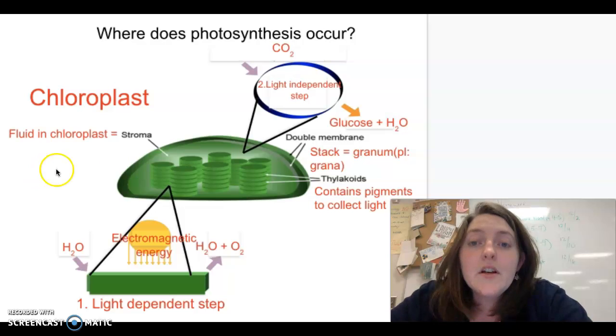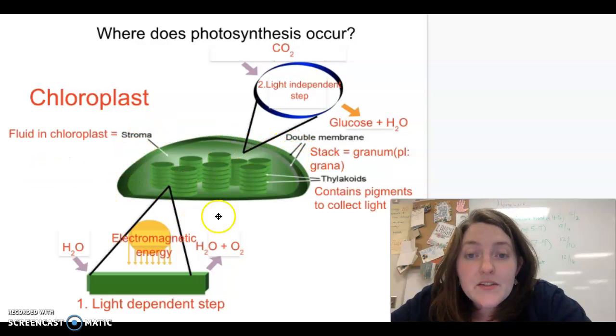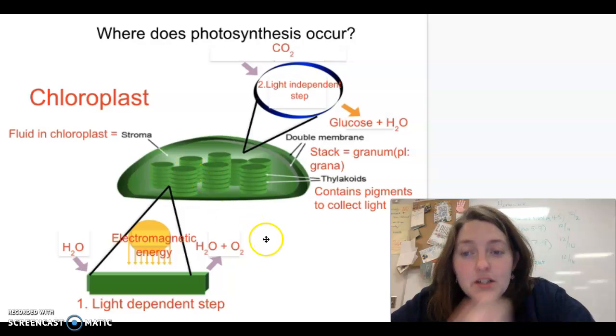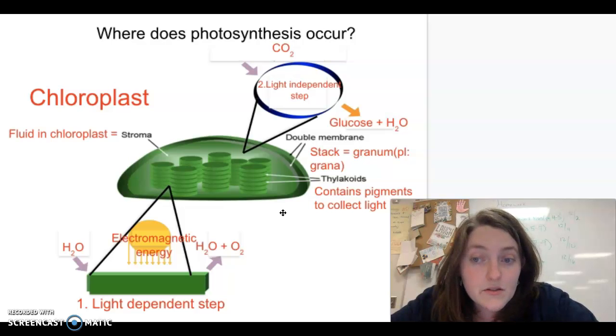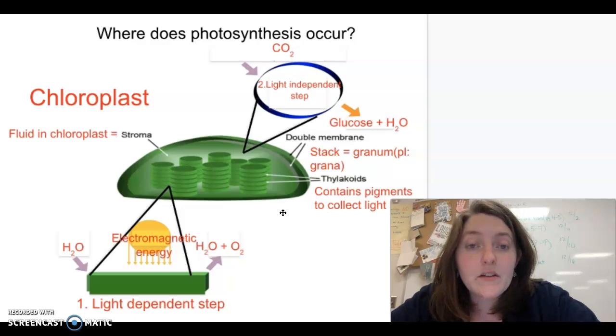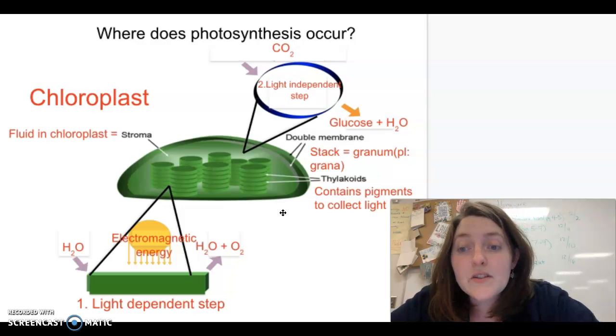We have a double membrane on the outside, stroma or sticky liquid on the inside, and the thylakoids, which are these individual discs that when you stack them together are called grana.